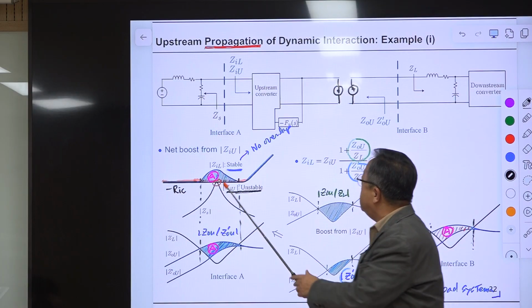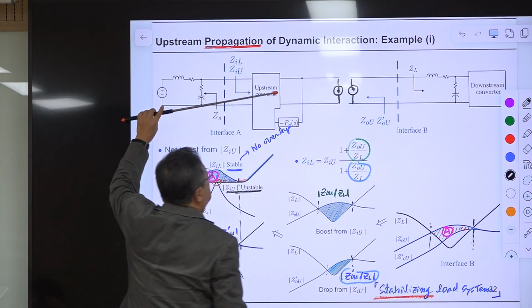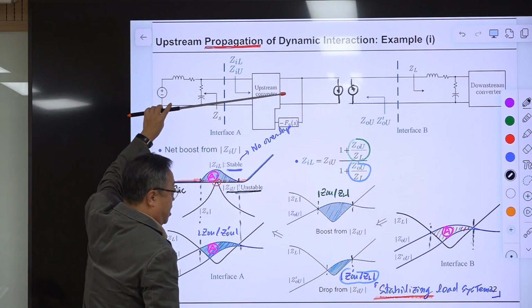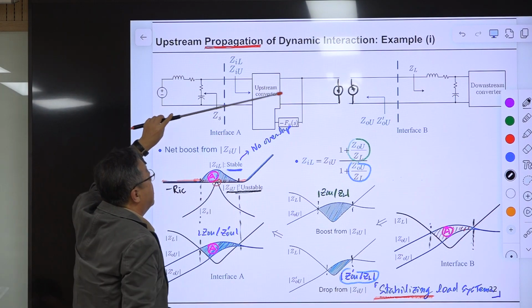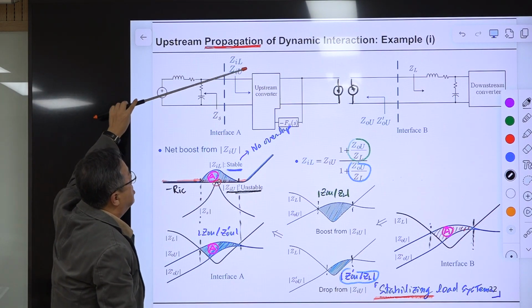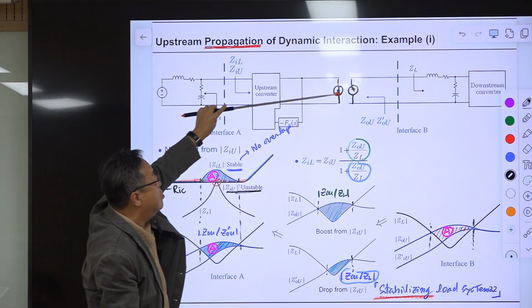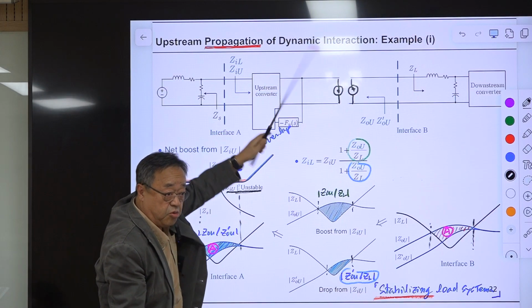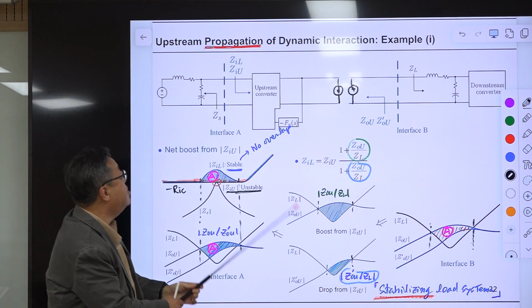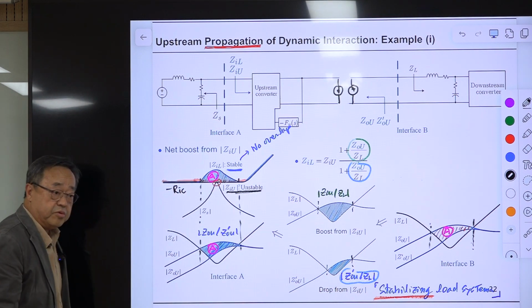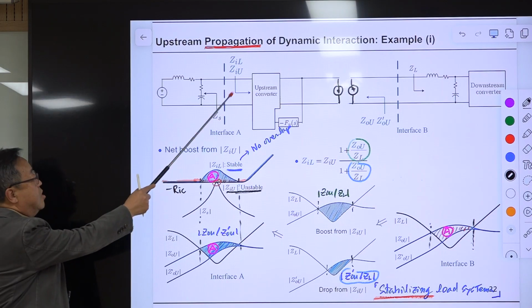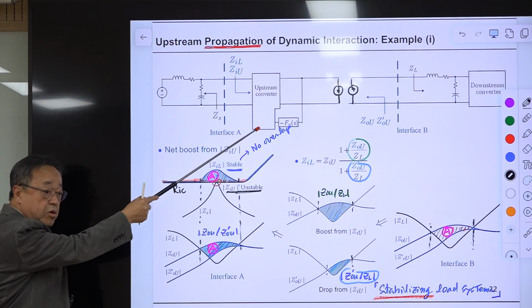And the other one is the input impedance of this converter, actually the upstream converter. We have the notation of GIL. GIL is the input impedance of this converter with this connection. So it is disconnected, so this is the GIU. GIU is the input impedance of the converter.